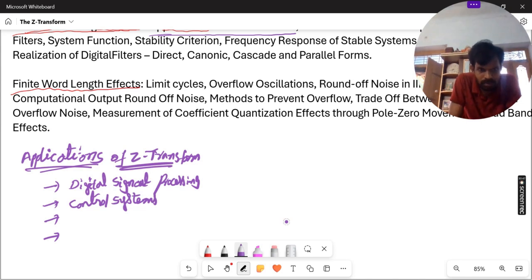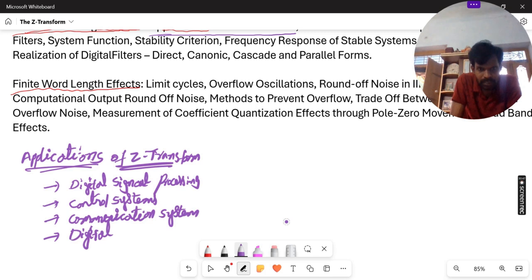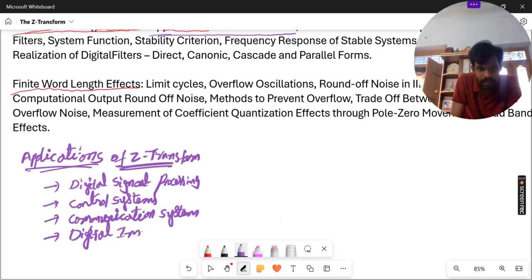In the communication system also we are going to use the Z transform. These are all real life applications of Z transform, and digital image processing. These are the major applications of Z transform: digital image processing.